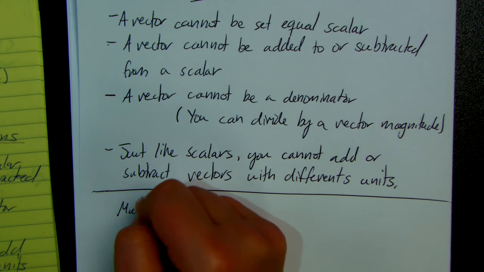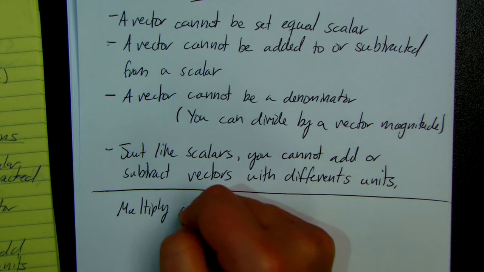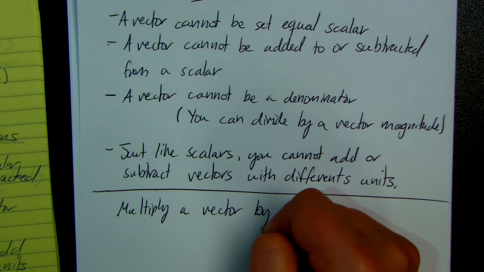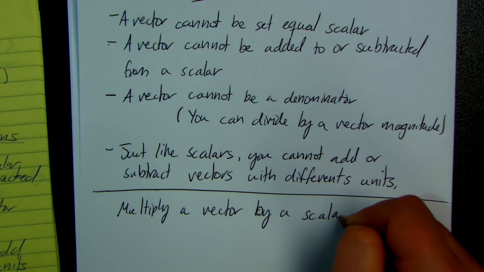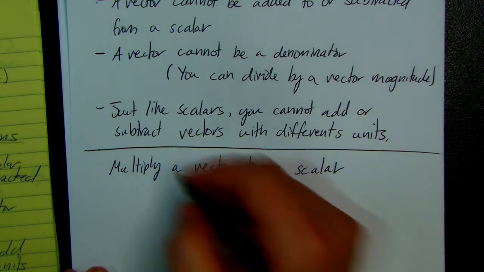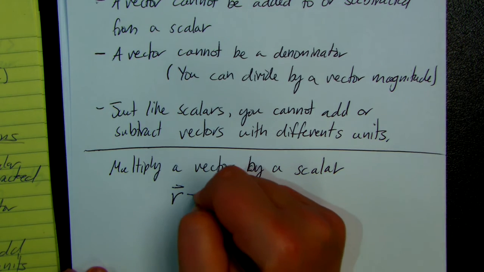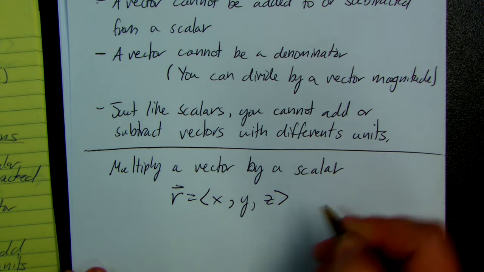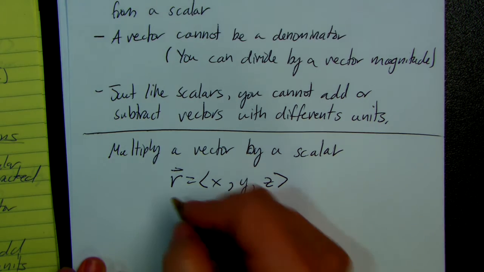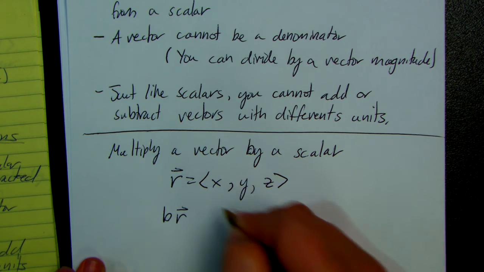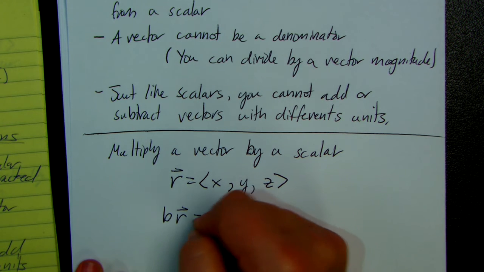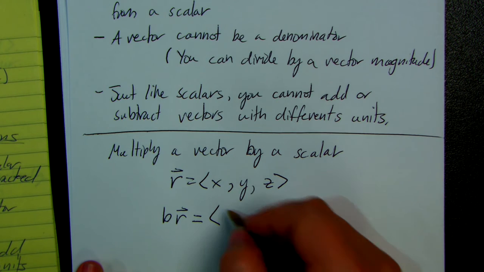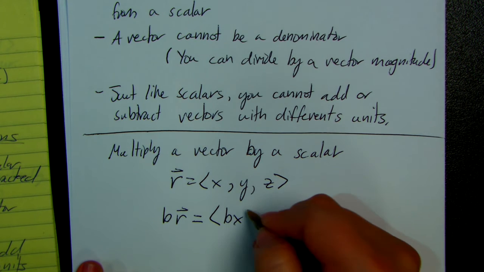All right, so let's go through some principles that are allowed with vectors. You can multiply a vector by a scalar. For example, if we have vector r is x, y, and z, and we multiply r by scalar b, we have b times vector r.